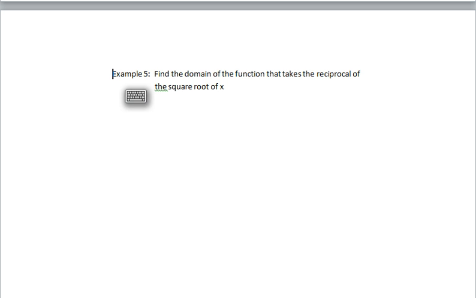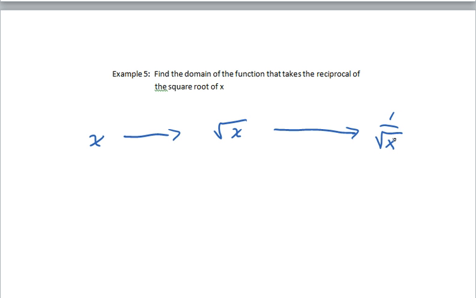Find the domain of the function that takes the reciprocal of the square root of x. So this time we're going from x to the square root of x to 1 over the square root of x.